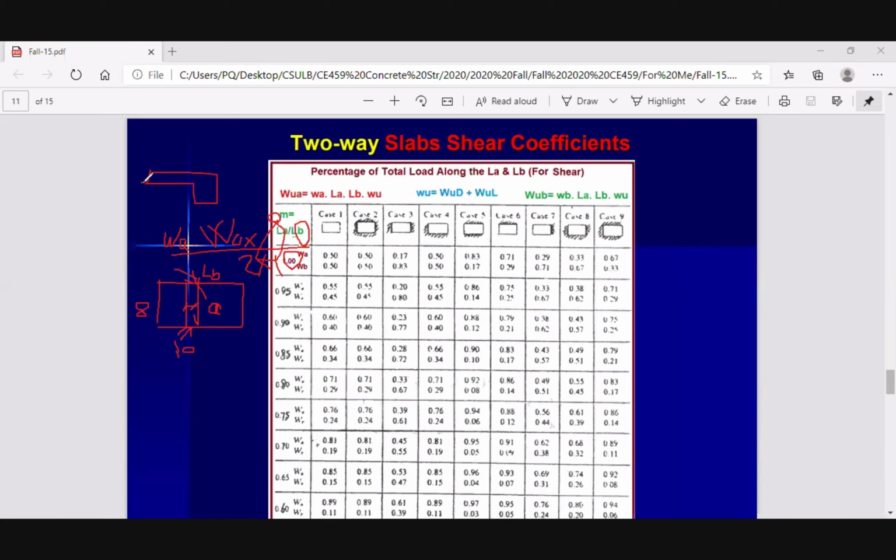Last week, as you might remember, we went through this one. If there is no connection, you can consider that as a simple support. If you pour them together and the rebar of the beam went through the slab and the rebar of the slab went through the beam, so you have a fixed connection. Or if you have a slab that is continuous at 4 sides, you have a system like this. This is the plan view.